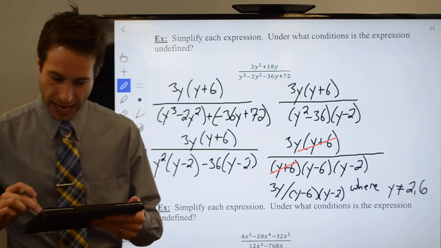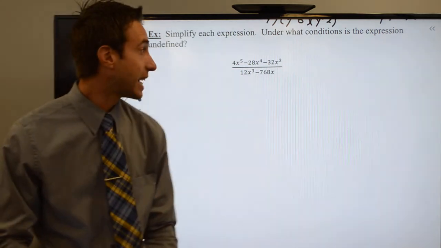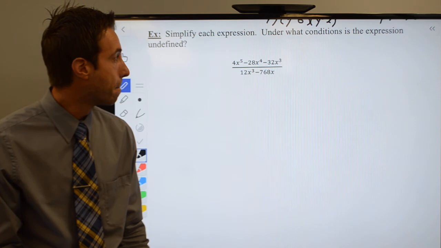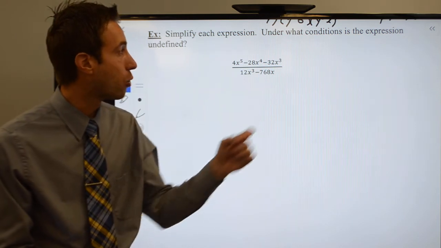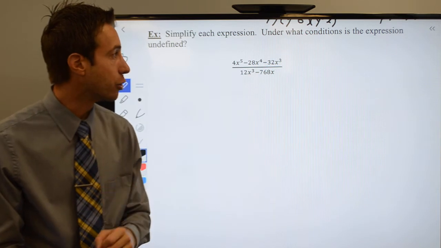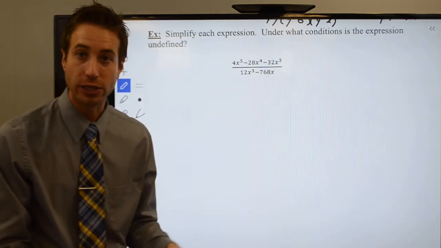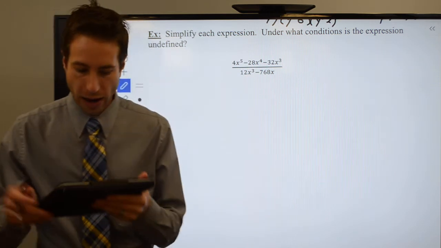All right, let's go ahead and do another one. We take a look at this guy, and let's see what we see here. Well, right away in the top, I recognize that I can pull out an x cubed. But I actually can pull out more than that. 4, 28, and 32 all have a 4 in common. So I'm going to pull out a 4x cubed.